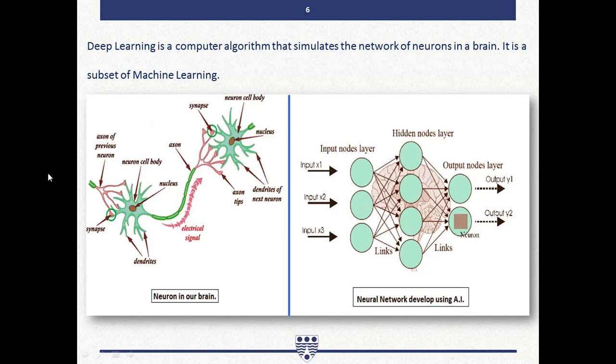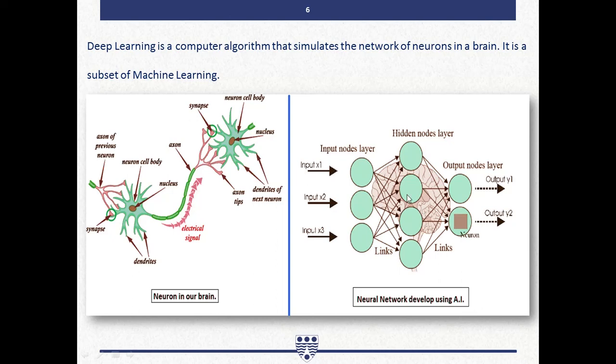Instead of getting signals through the axon and transferring them, in deep learning we simply make use of layers. We call them input layers. This is where we get the input variables, our features. Then the hidden layers simply take the input variables, analyze them and produce an output layer. We are going to look at this more closely as we proceed.